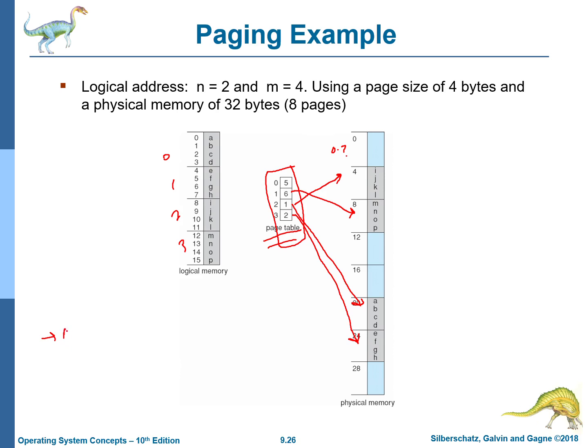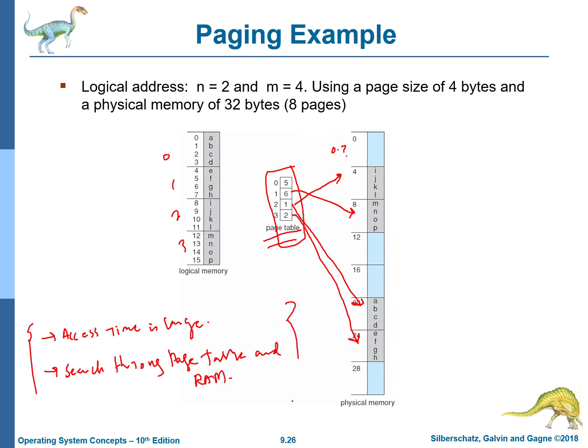So the access time is larger, and we have to access memory two times. One is searching through the page table, and then the remaining part of the memory. So we have some disadvantages of paging.